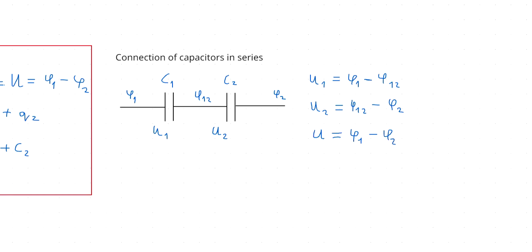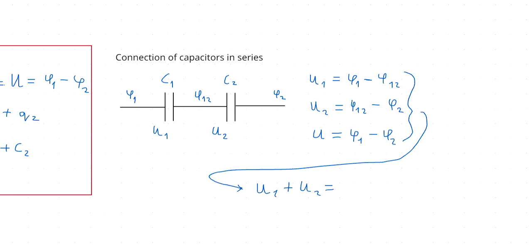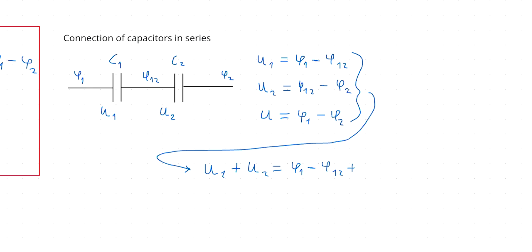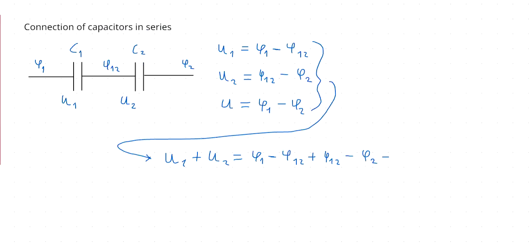Okay, and what do we have from here? If we calculate the sum U1 plus U2, it will give us phi 1 minus phi 1,2 plus phi 1,2 minus phi 2, and it is easy to understand that it will be phi 1 minus phi 2.